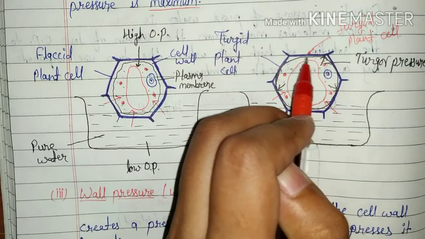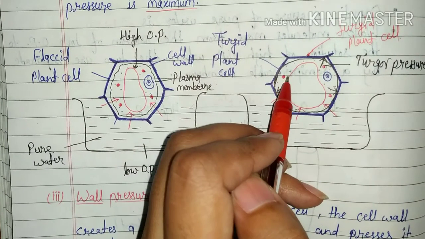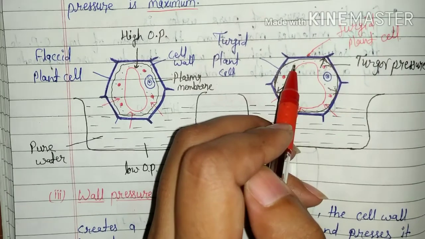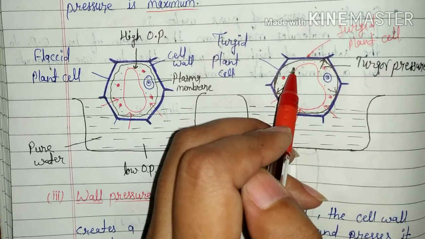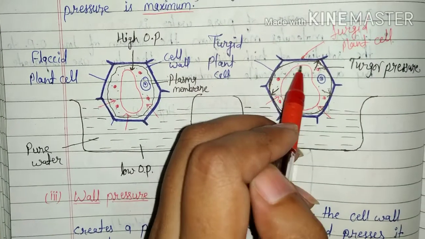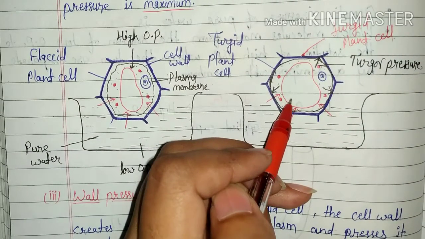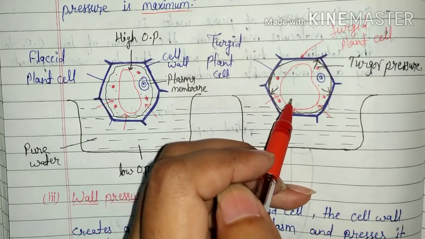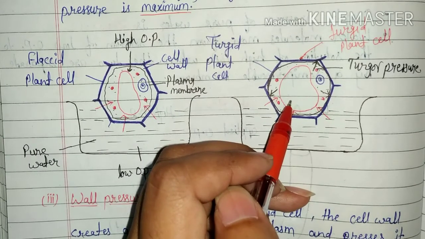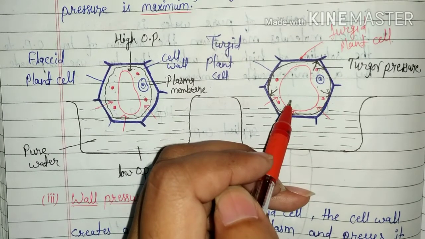Cell content or protoplast. Protoplast means the part of a plant cell without the cell wall. It develops a pressure against the cell wall. This is called turgor pressure.